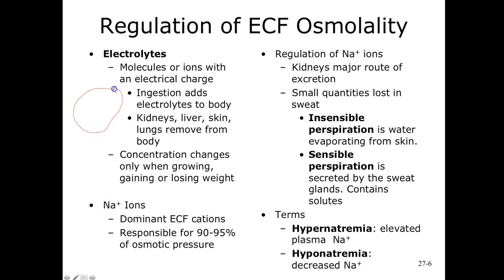So this is my cell. Ooh, it's a little wobbly cell, but anyway, what we're going to have the most of in here, the most electrolyte or ion really, will be potassium inside the cell. We still have other ions like a little bit of chlorine. We have some sodium moving in. You have phosphate.